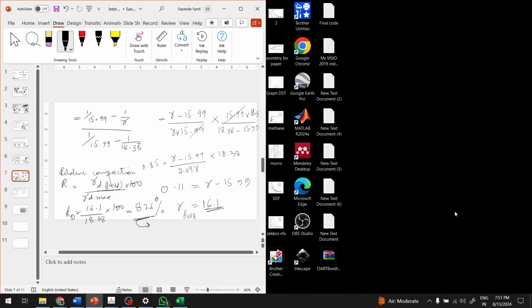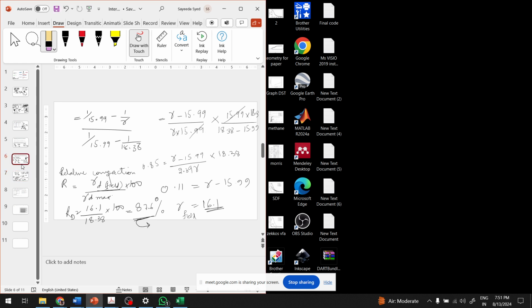I think there is a mistake while calculating the field density. Okay, let's calculate the field density again.